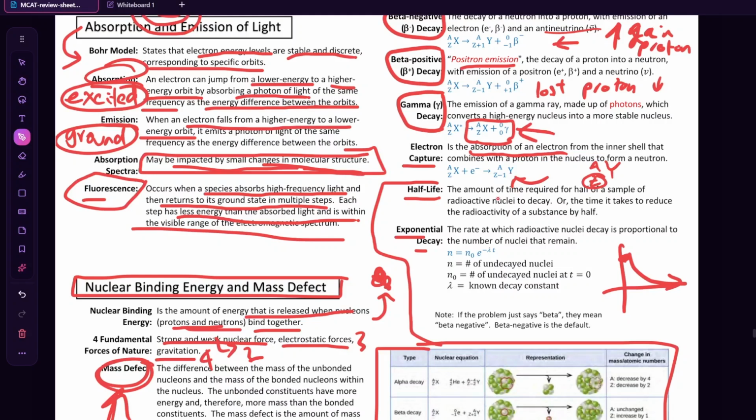You need a large sample for that, and decay follows that pattern, described by what we call half-life. Half-life is the amount of time it takes for exactly half of a radioactive sample to decay away. Equivalently, it's the time it takes for the sample's overall radioactivity to drop to half of where it started. So that's basically what it's saying here about the half-life.